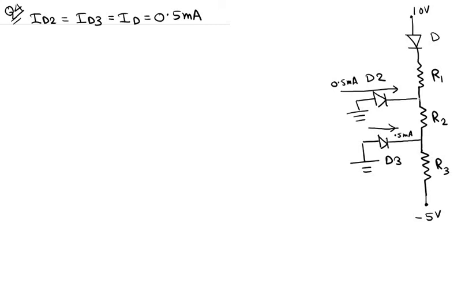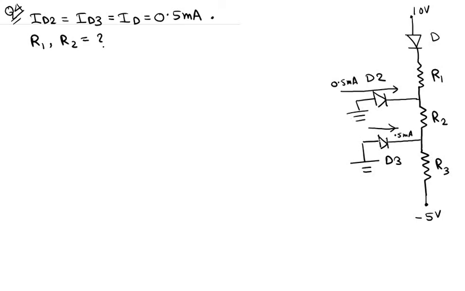Okay, and you are asked to find out the values of R1 and R2. Now let us see what information we can get from the information that is already provided.